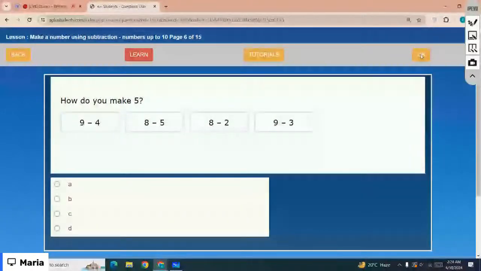How do you make 5? Which is the correct option?